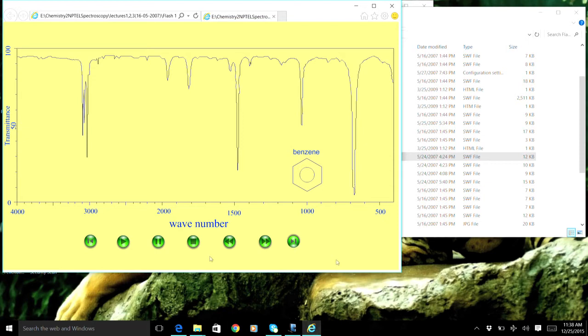And the third important factor that you have to study is the line intensities, which you can see in this picture. The line intensities are again different for different absorption frequencies. They are not uniform. All of them do not have the same intensity.